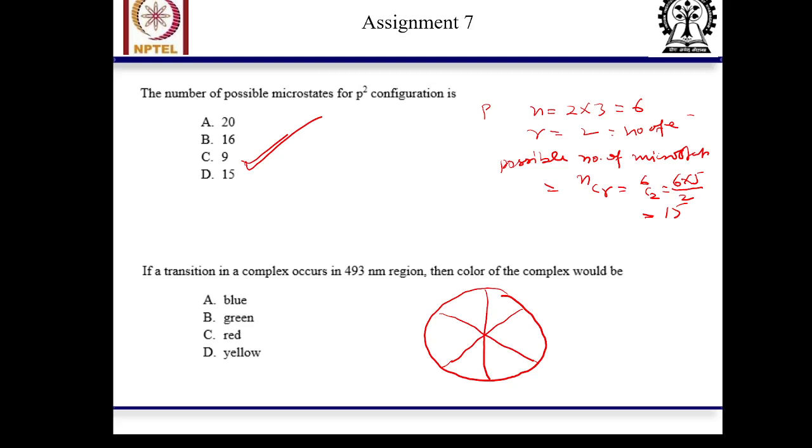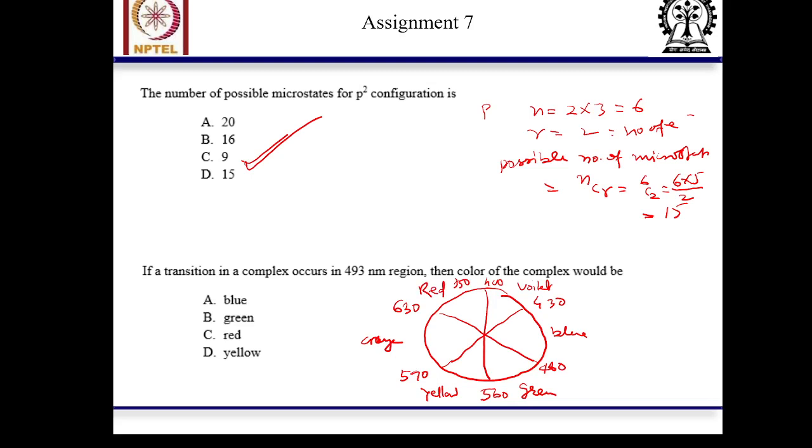So this is 400 to 430, this is violet. Then blue from 430 to 480. Then we have 480 to 560 called the green region. Then 560 to 590 we have the yellow region. 590 to 630 we have orange. 630 to 750 we have red.